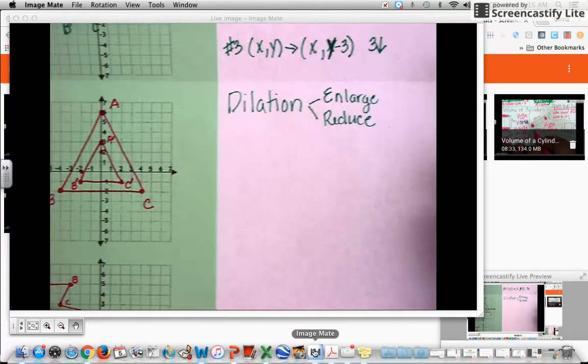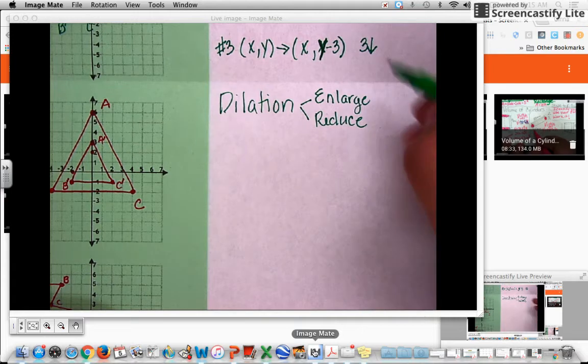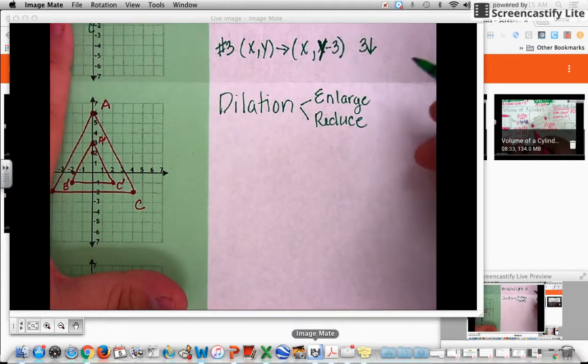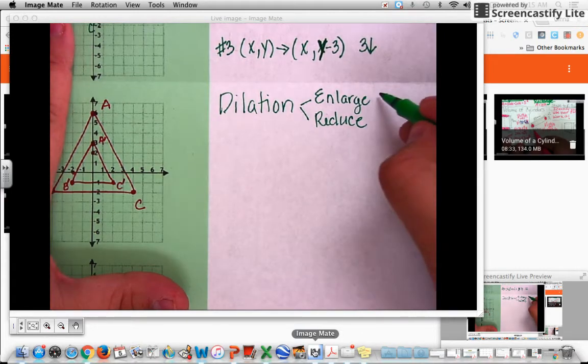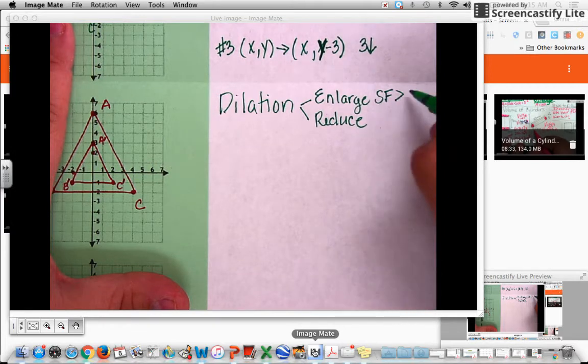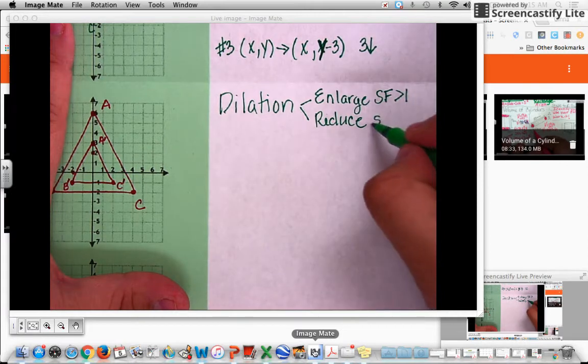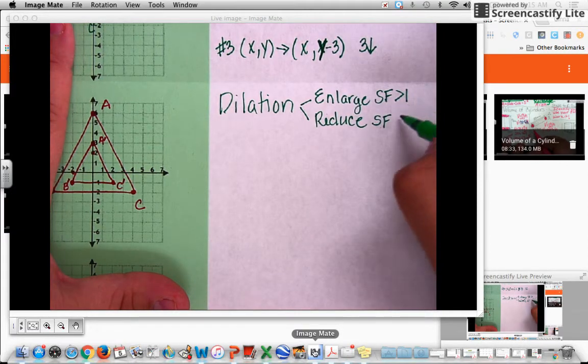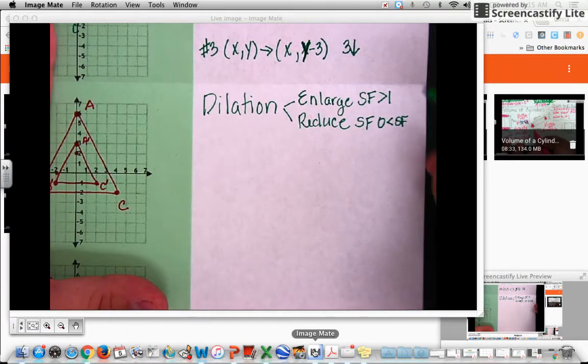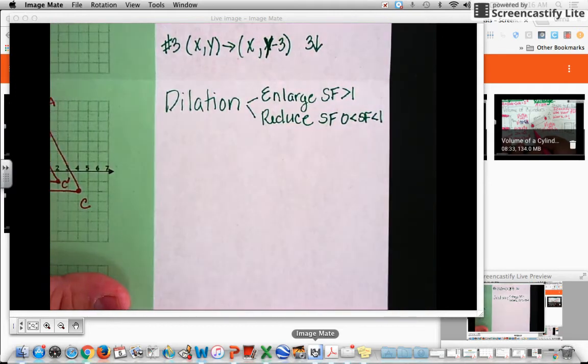And if you remember the video with scale factor, we also use something called scale factor. You enlarge when the scale factor is greater than 1. You reduce when your scale factor is between 0 and 1. Let me put an SF here.